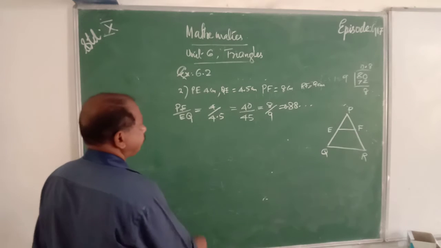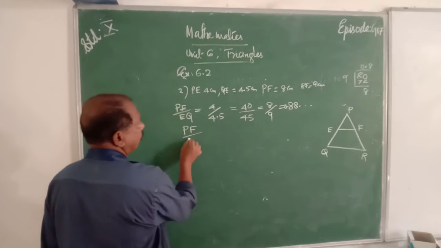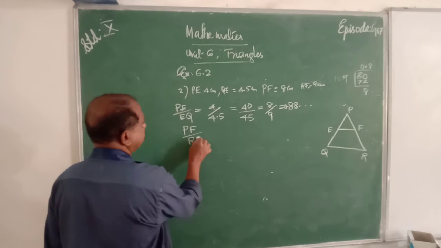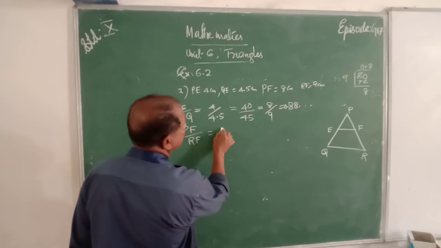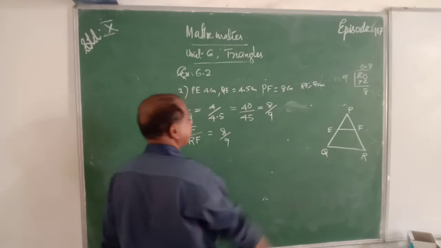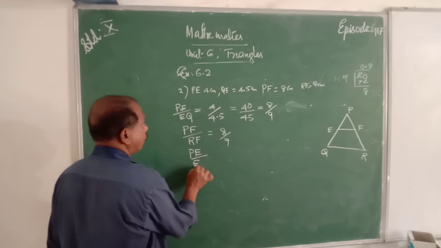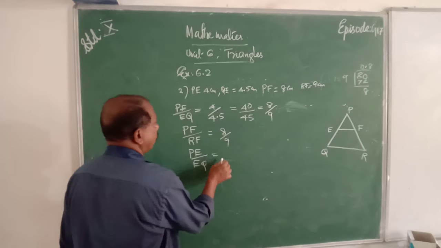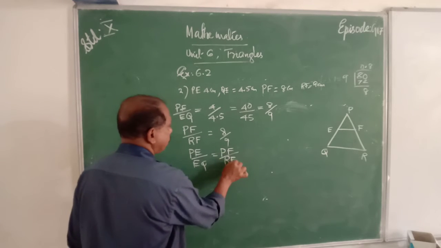Then PF by RF is equal to 8 by 9, yes, the same. Therefore, PE by EQ is equal to PF by RF.